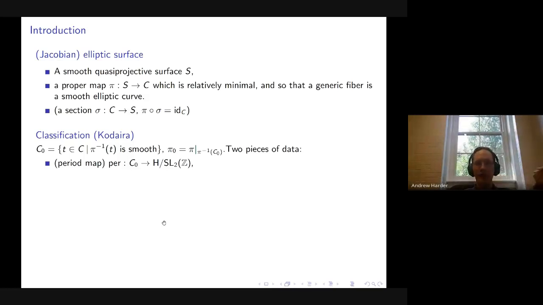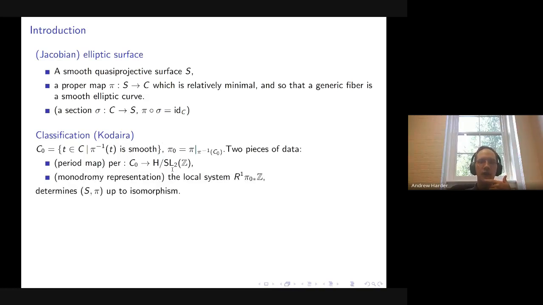The first is the period map. This is the map that assigns to points inside of the smooth part of the curve the corresponding period in the moduli space of elliptic curves. That's this guy here.